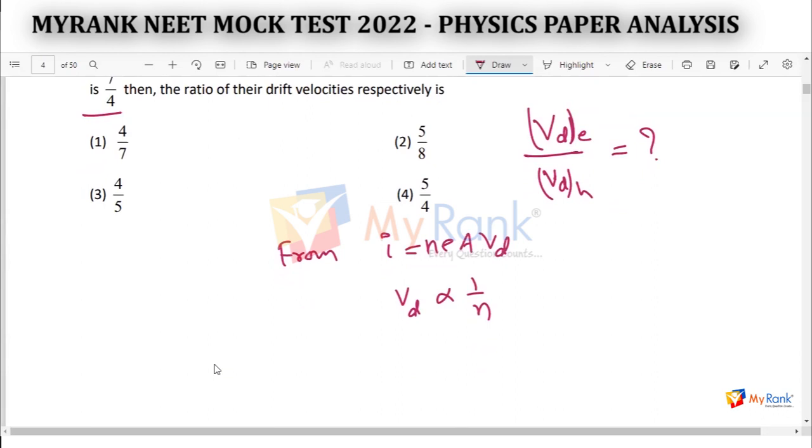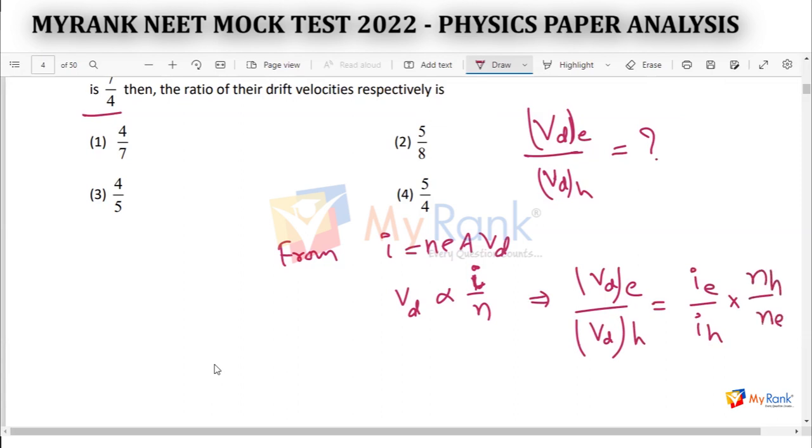Here, if I write I by n also, I can say current. n means the number of charge carriers per unit volume passing through the cylindrical wire. So in this case, the drift velocity of electrons to the drift velocity of holes is nothing but IE by IH into NH by NE, because it has an inversely proportional relation.